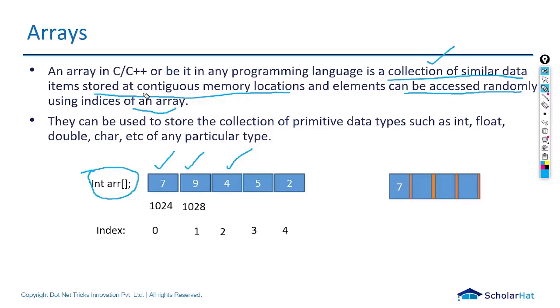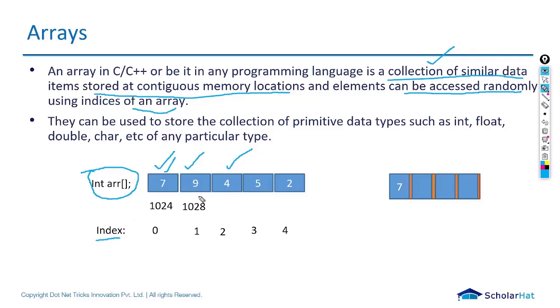And it is stored in continuous memory locations. What does that mean? Let's suppose this is the first array element, this is the second array element, third, fourth, and this is the last, fifth array element. Two things to notice for an array.